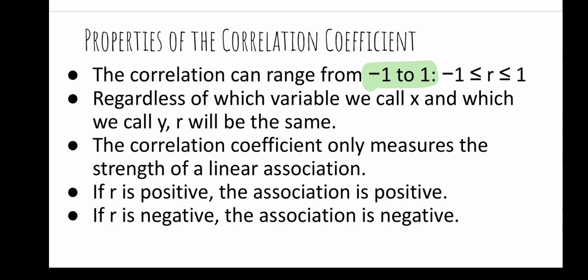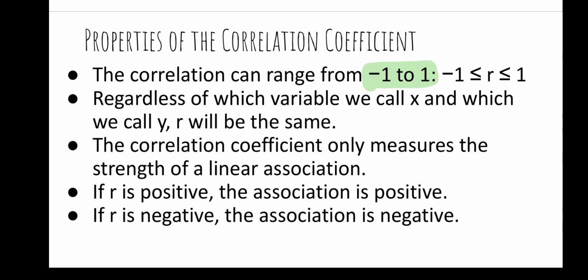And regardless of whether we call x or y the independent variable, no matter which way you do it, the r is going to be the same. Also, the correlation coefficient only measures the strength of a linear association.